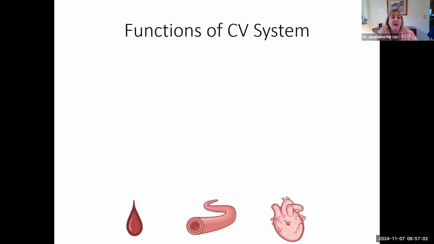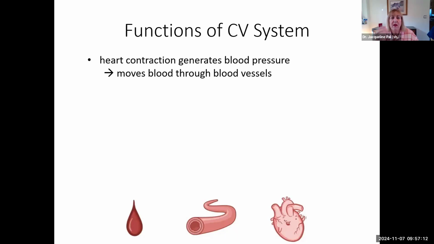All right. So that means the blood vessels and the heart need to work together to give us these functions of the cardiovascular system. So first, the heart must contract and give us enough of a blood pressure to move blood through the blood vessels. If the heart is contracting, but it's not generating enough blood pressure, then the blood's not going to move through the blood vessels.